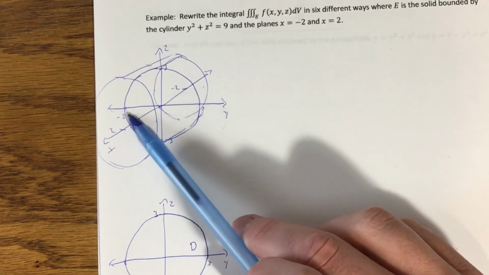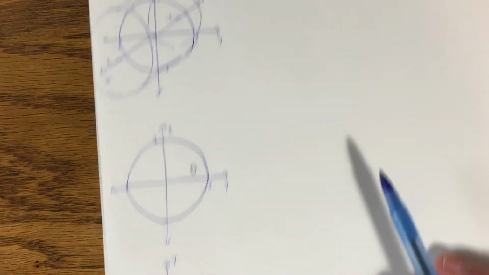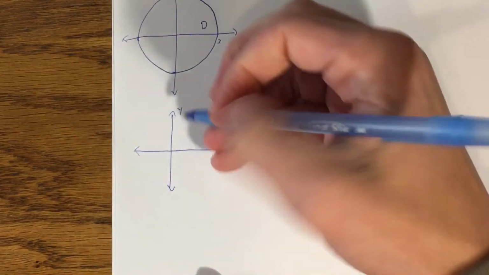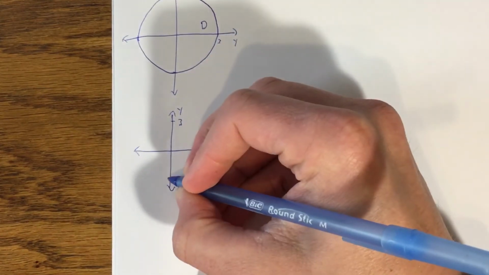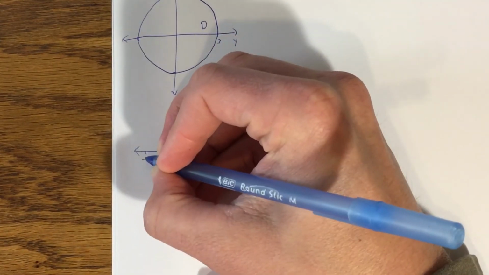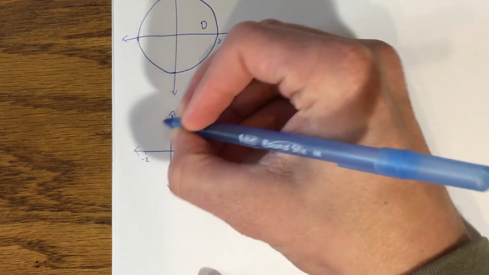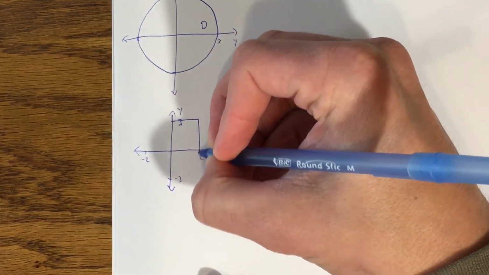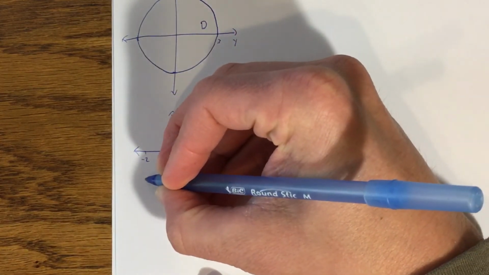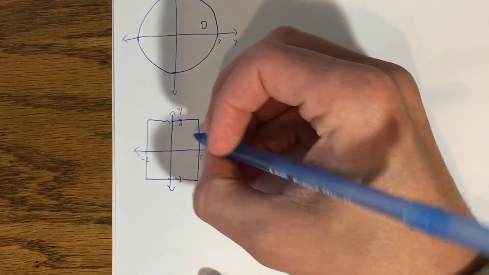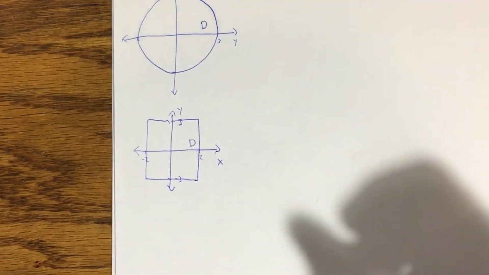Interval on the y-axis is -3 to +3. So that's pretty easy to sketch. If this goes from -3 to 3, this goes from -2 to 2. I get this rectangle right here. And that's what I'd be calling D in that case.